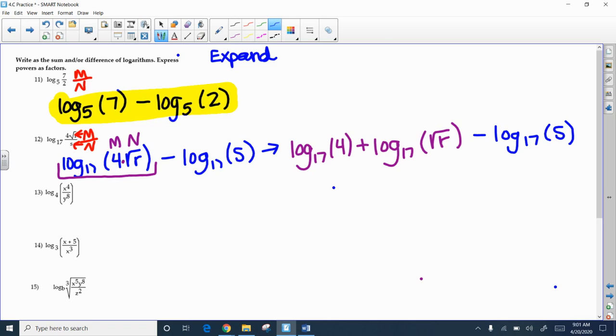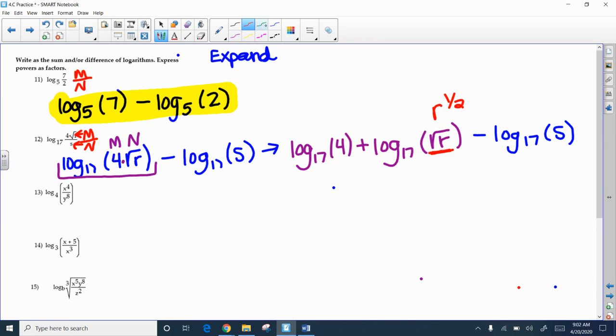Okay, even though I am done expanding this into 3 logarithms, I'm not completely done with the problem because I have to deal with this radical here. So we always, in this case, we're going to rewrite a radical as an exponent. So I'm going to rewrite this as r to the half power. Remember, a square root can be written as a half power.